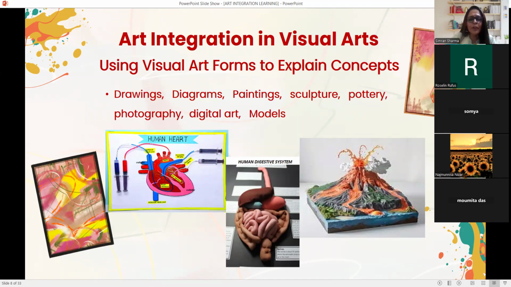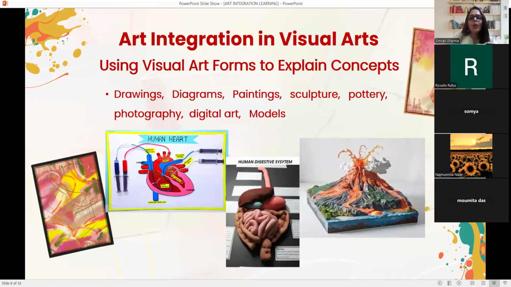Where is the positioning of the liver? When they are playing with the clay to form the digestive system, not only do they learn about the different organs, they understand the anatomy and the location of these organs and how they are positioned, how the small intestine is well within the large intestine. So it is a very good way to explain the digestive system.